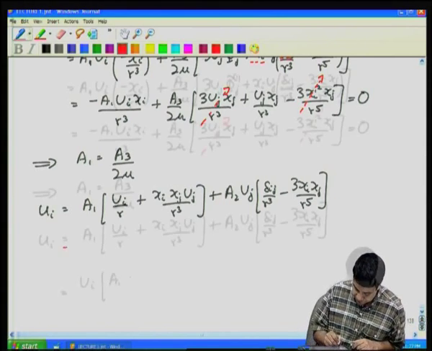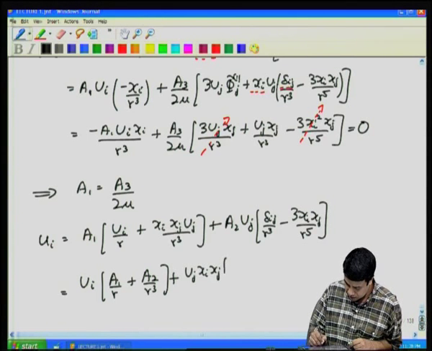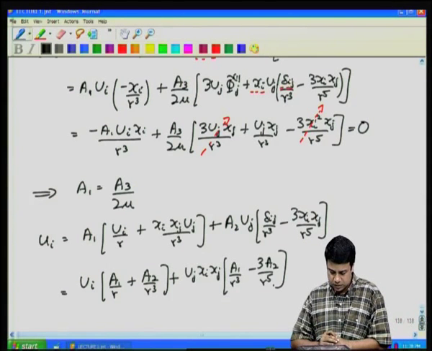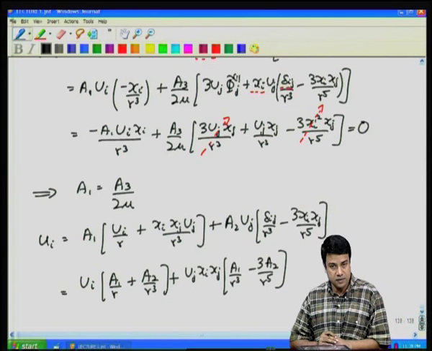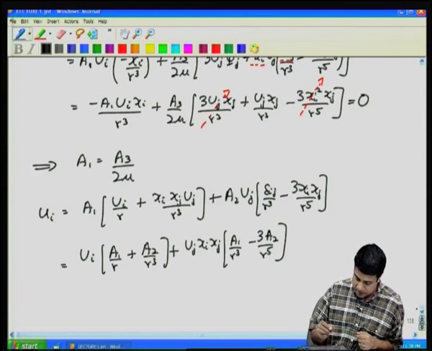So, I have a1 by r plus a2 by r cubed plus u_j x_i x_j into a1 by r cubed minus 3 a2 by r power 5. Okay. So, now this is the velocity field. Okay. It has two components. Okay. So, let me just write this out in a little more detail, so that it becomes clear to you.